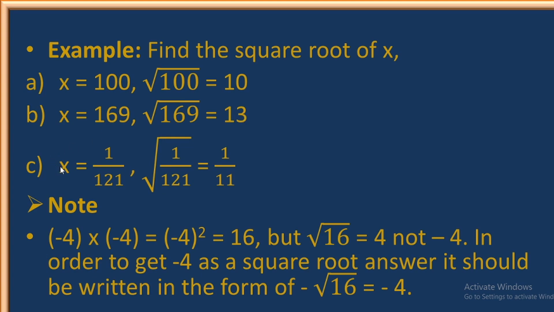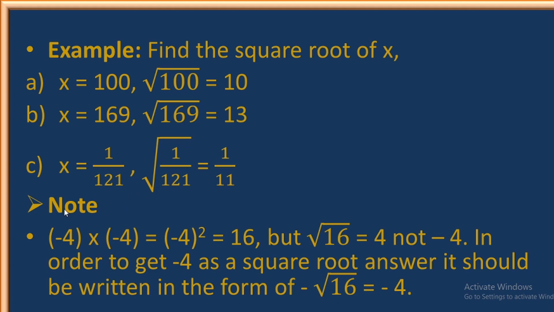C, x is equal to 1 over 121. This is a fraction. This is also a perfect square number. 1 over 121, meaning you have to find the square root of 1 and the square root of 121 at the same time. So it gives 1 over 11. You see, 1 over 11 times 1 over 11 is 1 over 121.